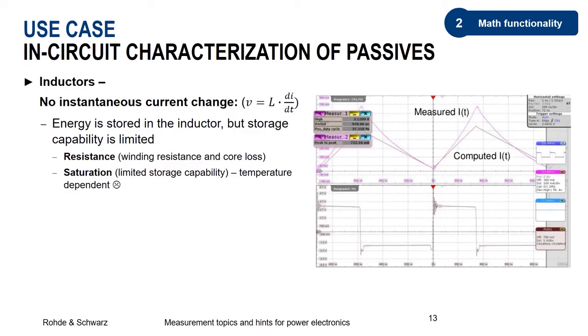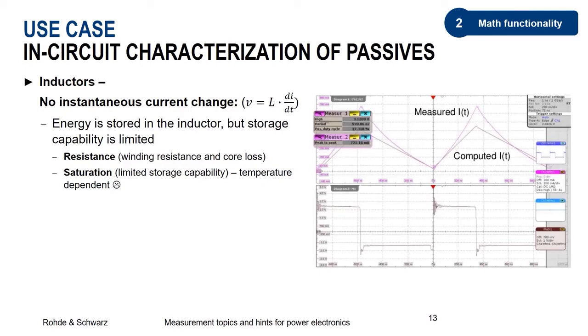If the inductor gets saturated because of the DC current flowing through it, the differential inductance which you need in order to store the energy is reduced, and therefore the inductor does not provide the inductance anymore that you would expect.